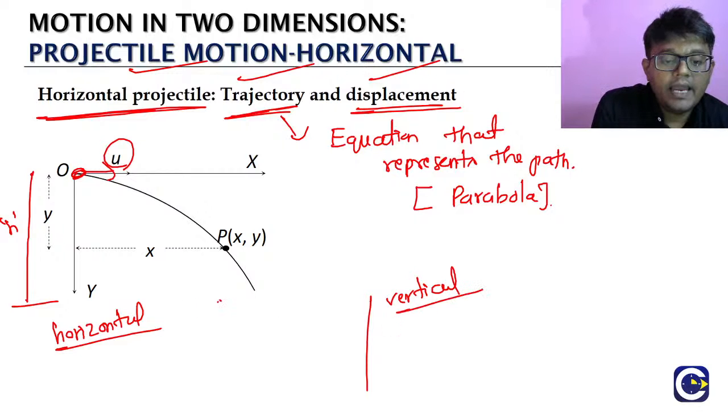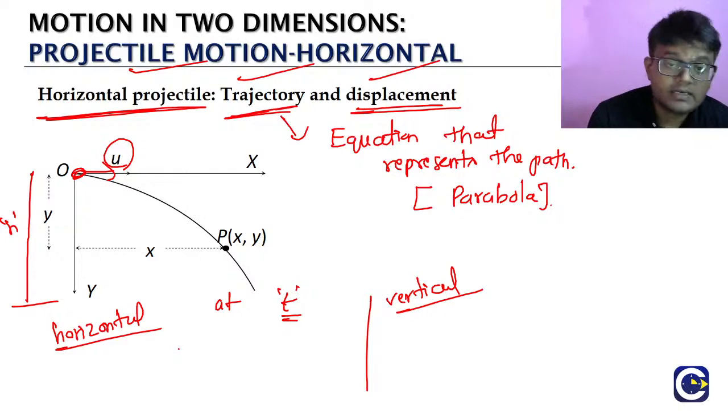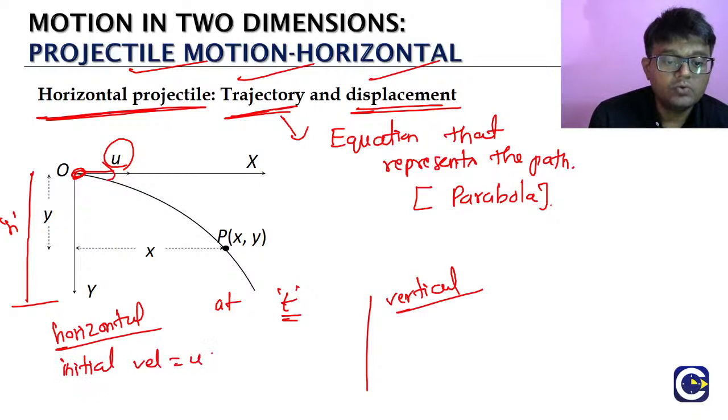At time t, what about the horizontal direction of motion? It is uniform velocity, because the initial velocity is u and the acceleration is 0.